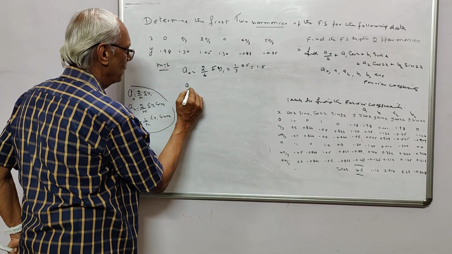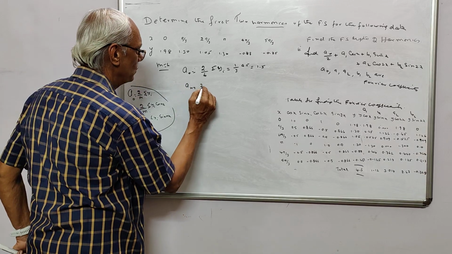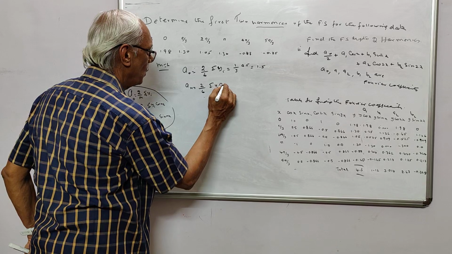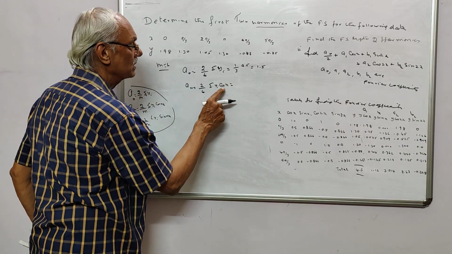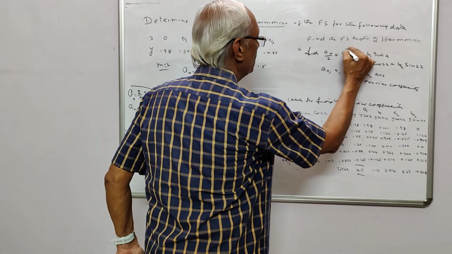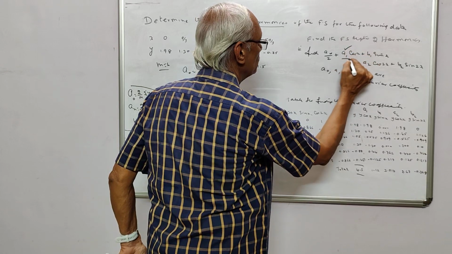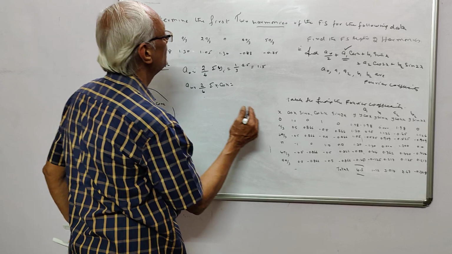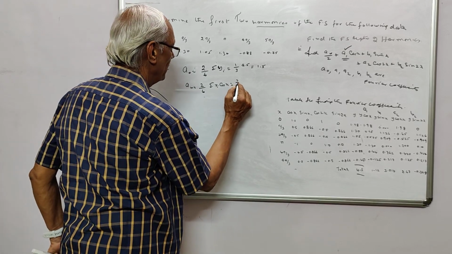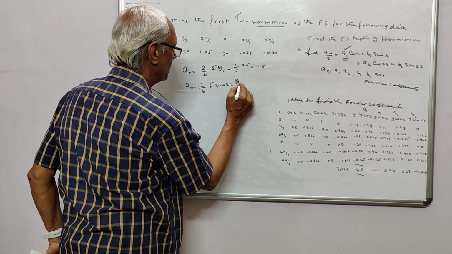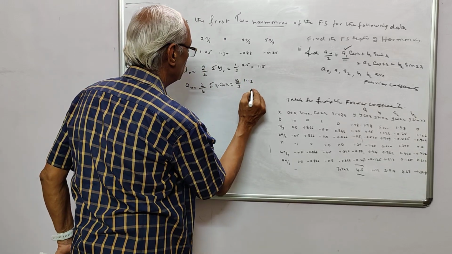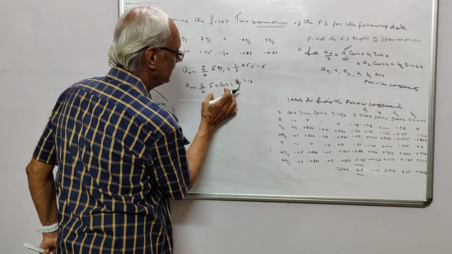Then what is your An now? An is equal to 2 by 6 sigma of yi cos x, because it is cos x here. See this one, A1, this is what I will find. See, it is 2 by 6, that is 1 by 3, times 1.12.